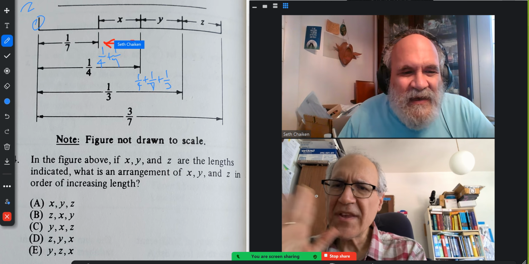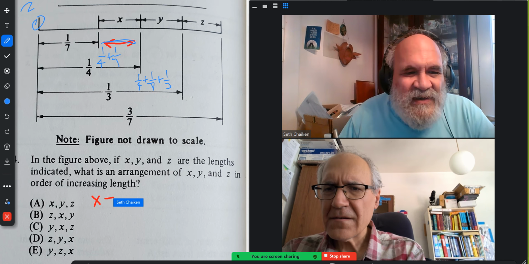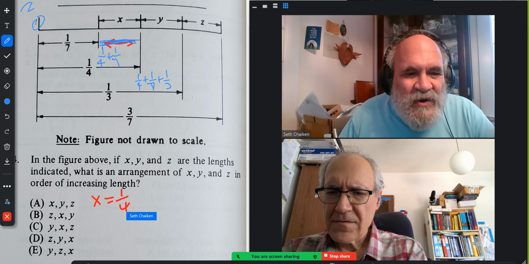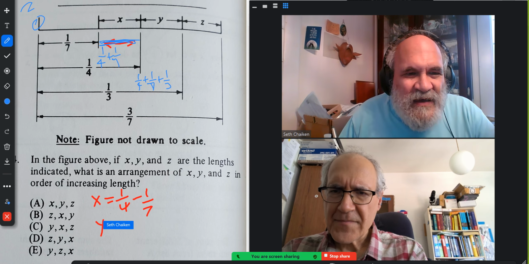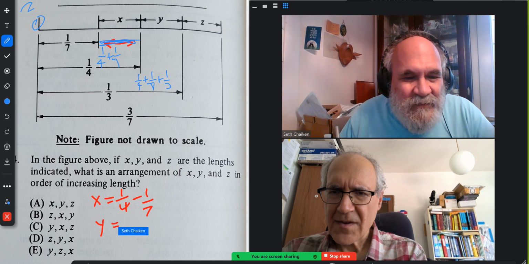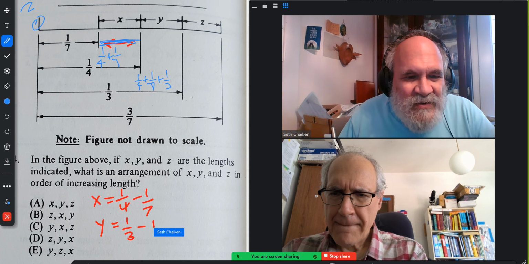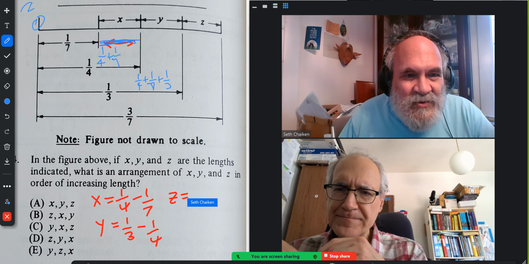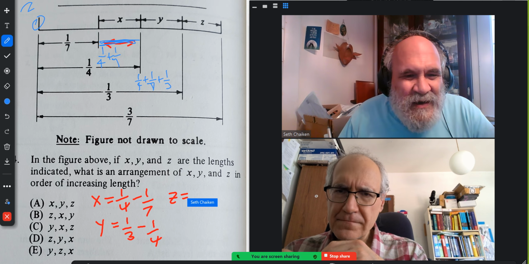X is equal to 1/4 minus 1/7. Y equals 1/3 minus 1/4. And Z is equal to 3/7 minus 1/3.